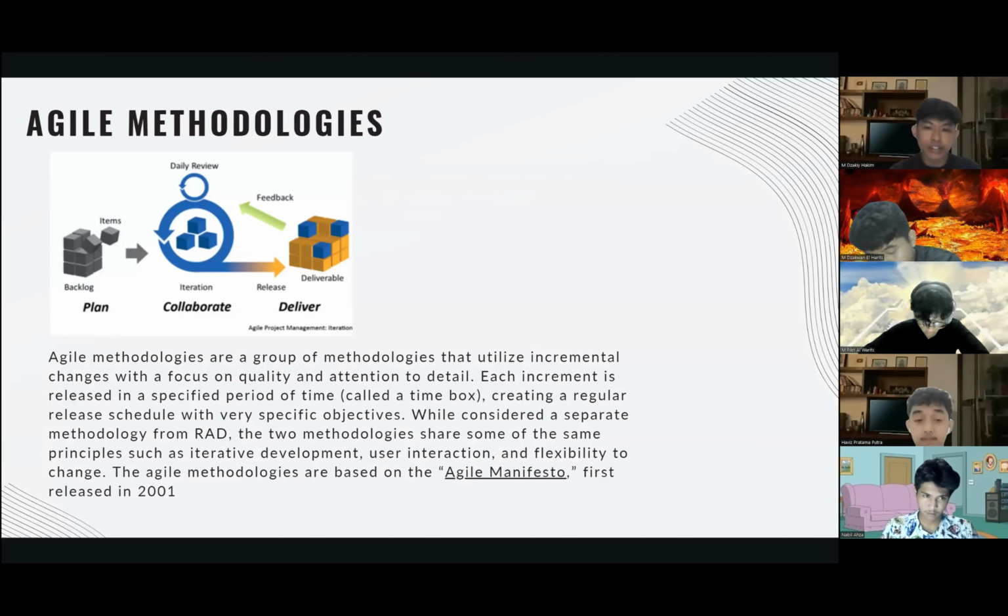Okay, Agile development methodology is a method that is often used by companies in their software development process. The main focus of Agile development is to ensure rapid and iterative delivery of business value with strong collaboration between development teams and stakeholders.